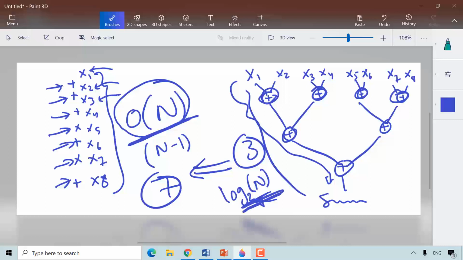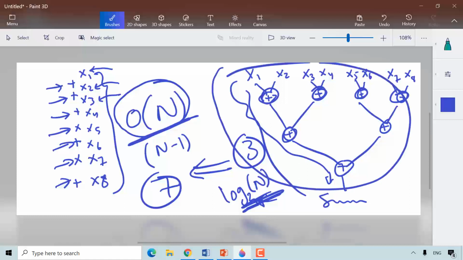Suppose I have 64 x's to be added. If I go through a binary tree, it is going to be a delay of 6 additions. So you can see that by doing things in parallel, they are faster. That's one hint of how to improve things.